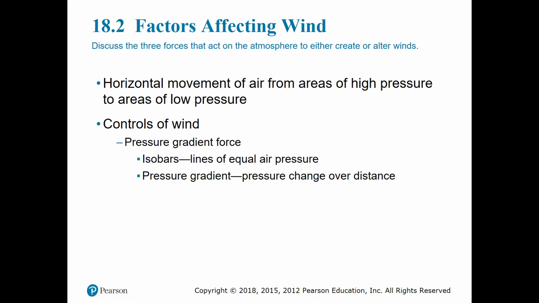Wind is going to be nature's attempt to balance inequalities in air pressure. So as air moves from an area of high pressure to an area of low pressure, the goal is to even those out, to get back to where we have equal air pressure.